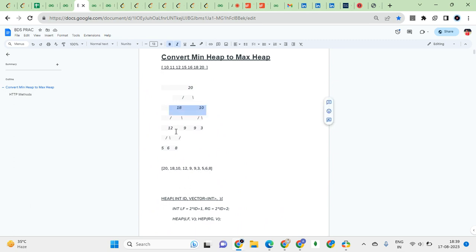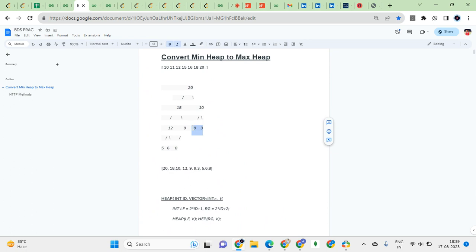Over here, the last nodes that have children are 12, 9 and 10. These are the three nodes that have children. This node has two children, this node has one child, this node has two children.